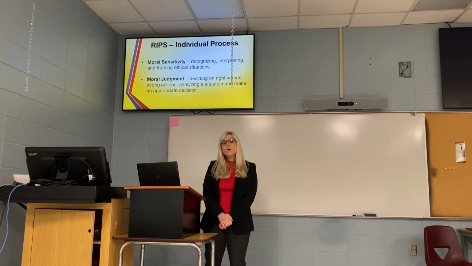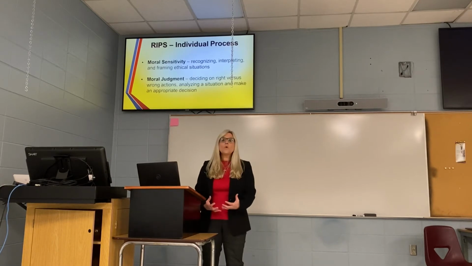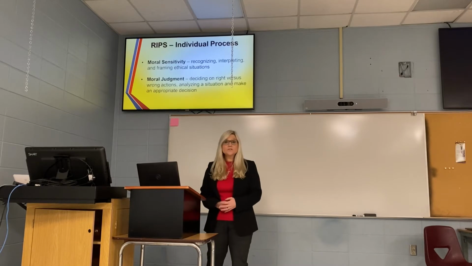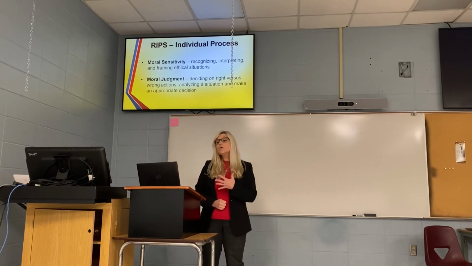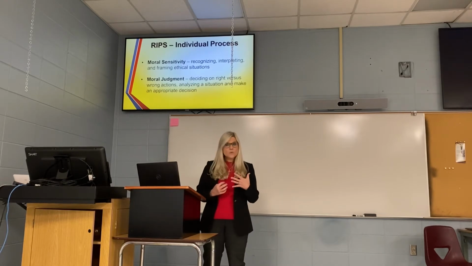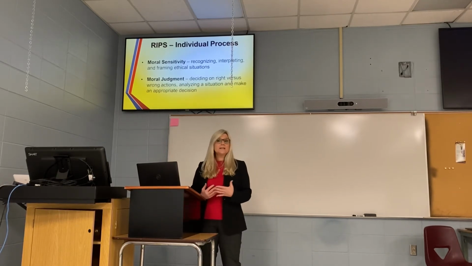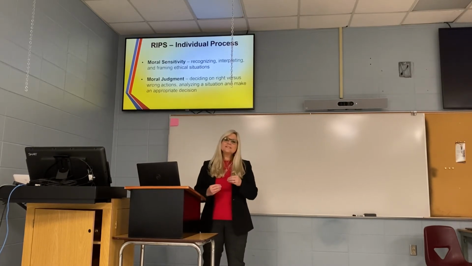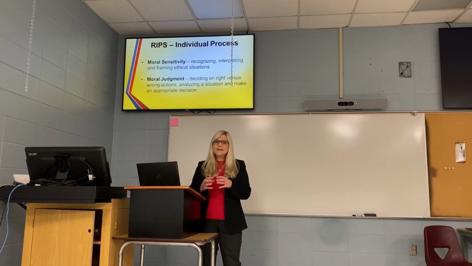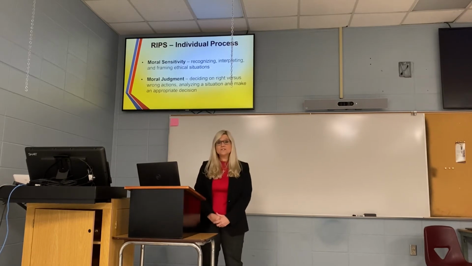The second part of the Ritz model is the individual process. So there are 4 ways to look at the individual process. One is through moral sensitivity. With moral sensitivity, you want to be able to recognize, interpret, and frame that ethical situation. The second individual process is called moral judgment. So that is deciding right versus wrong, being able to analyze a situation and make that appropriate decision.